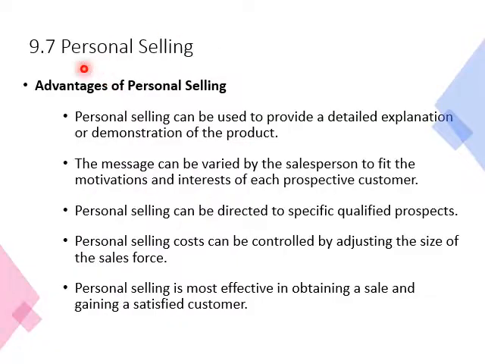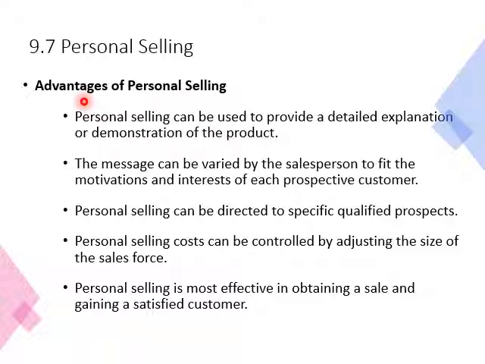So in personal selling, we're going to learn the advantages of personal selling, and then we're going to go through the process of personal selling. So let's look at the advantages. Why do companies still use personal selling? It is because it can provide a detailed explanation or demonstration of the product to the potential buyer.